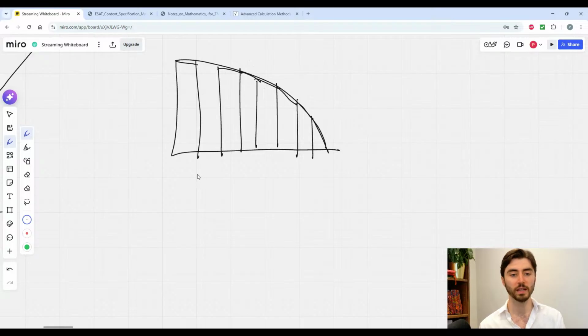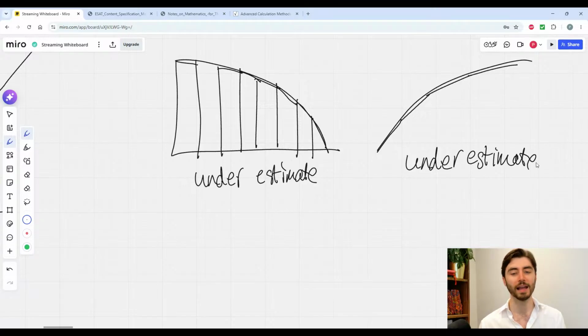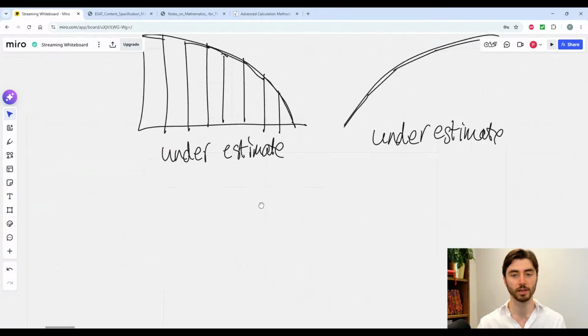So this would be an underestimate. If it goes up like here, similarly, the lines all lie underneath the curve, and that would also be an underestimate. I like that it looks like wings flapping, those guys. So those are underestimates.